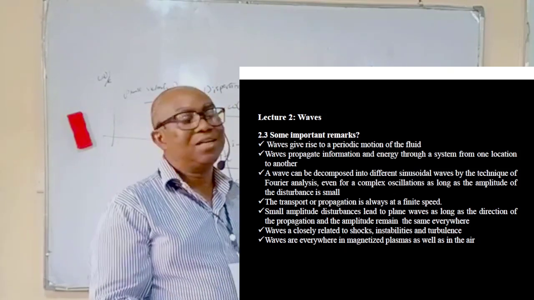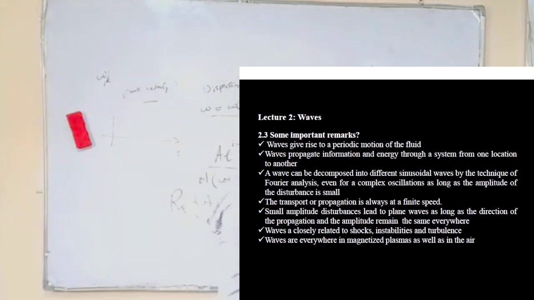So that you will not fall and move. Is it not? So after this period, in case we start again, or you will be working with me or with any other person in collaboration, the next thing is shocks, instabilities, and turbulence.